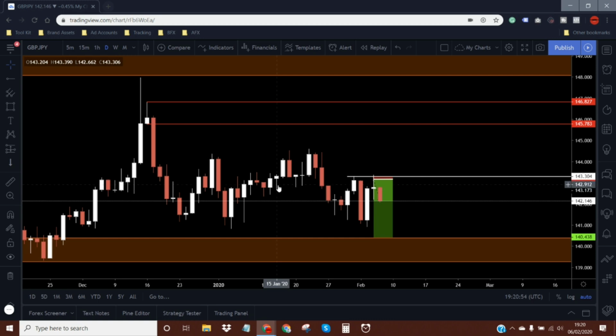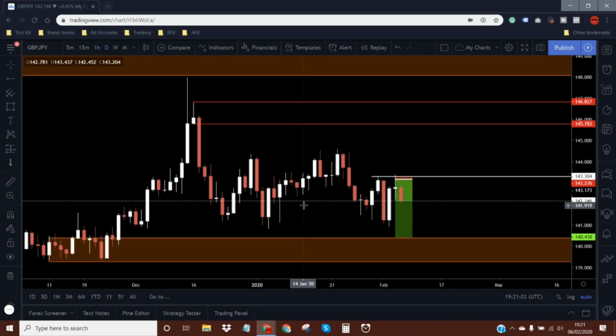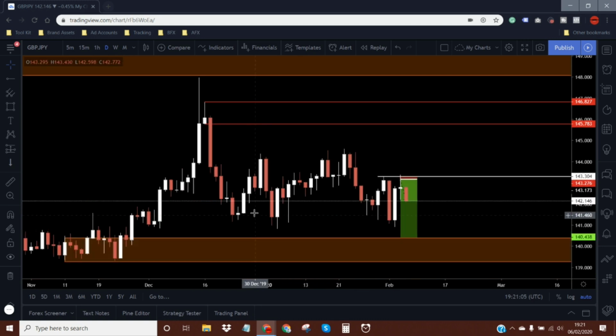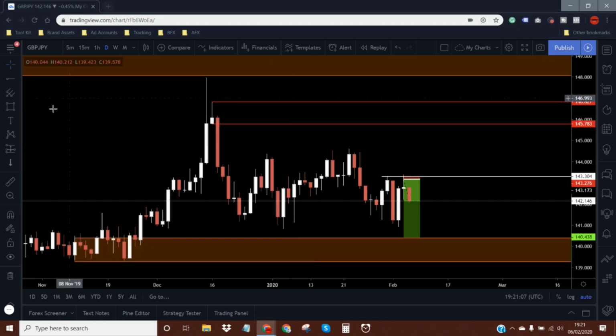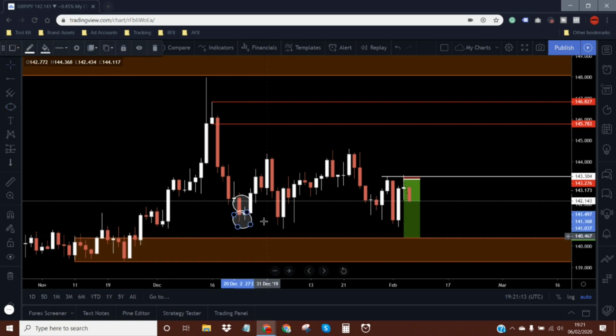So what I thought at first is that potentially we could be having a reversal, right? So the market's come down and we've got really good structure here for a reversal. One, let's just copy that, and two, and then this would have been three for the reversal, right?